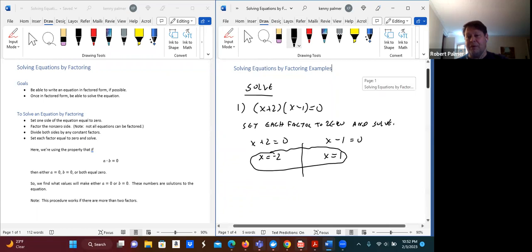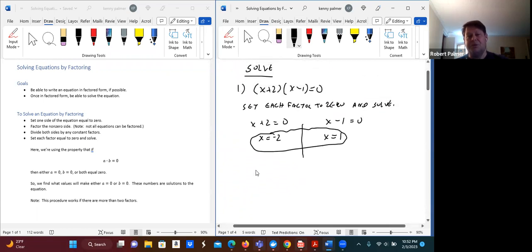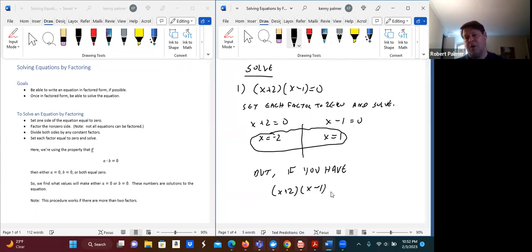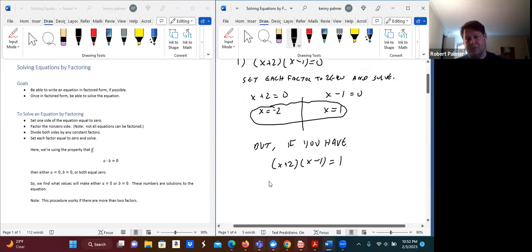Now, let me mention one thing. This is also true in general. But if you have something like (x + 2)(x - 1) equal to, say, 1, or any other number besides 0, this doesn't work.